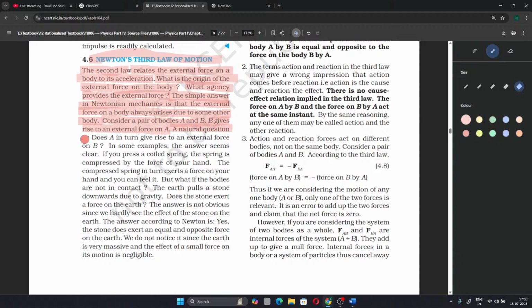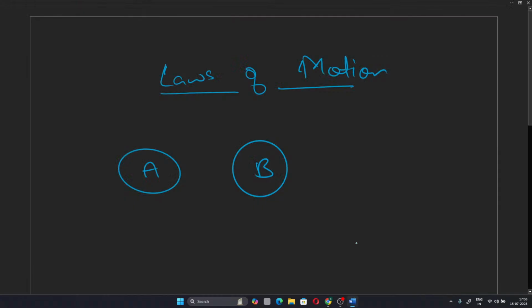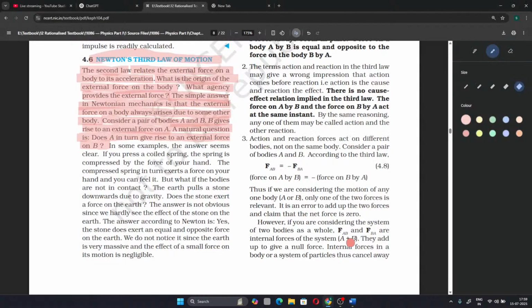A natural question is, does A in turn give rise to an external force on B? Basically, if there are two bodies, A is giving a force on B. Two balls are hard to imagine, so let's assume it's a hand pushing something like a ball or a block.